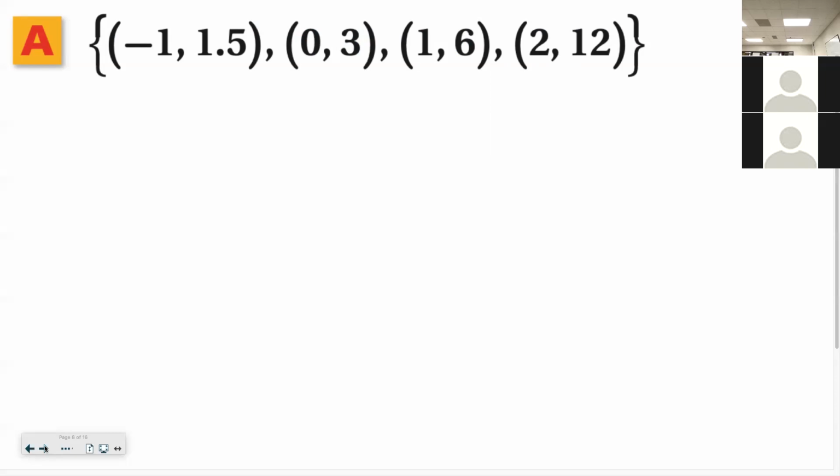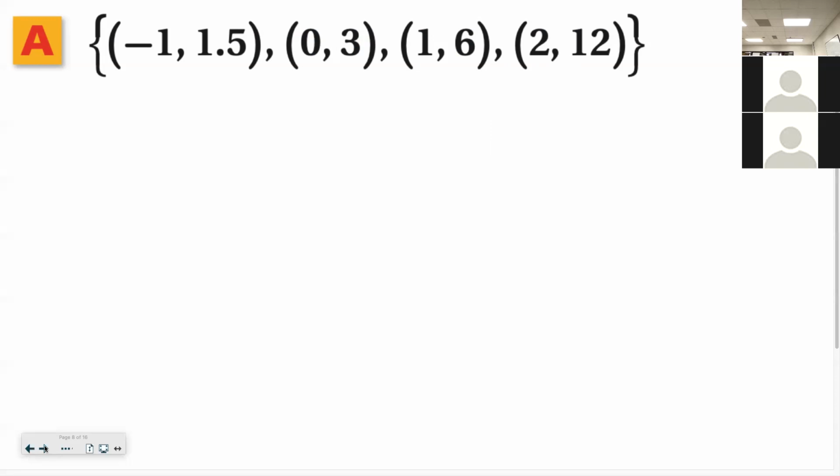Okay, let's do a problem together. This is frequently how it'll be given to you, just as points. Caleb, you remember what we're supposed to do first when we just have a bunch of points? Do you want to pick somebody else? Are you looking at the notes? Okay. Absolutely, put them in a table.